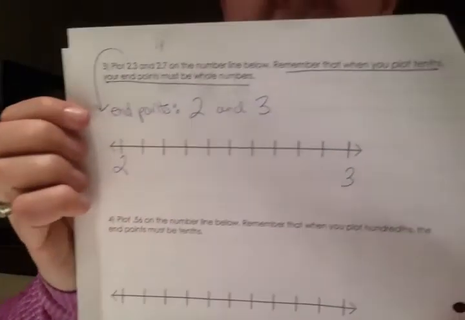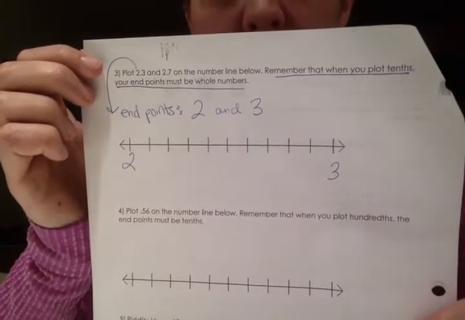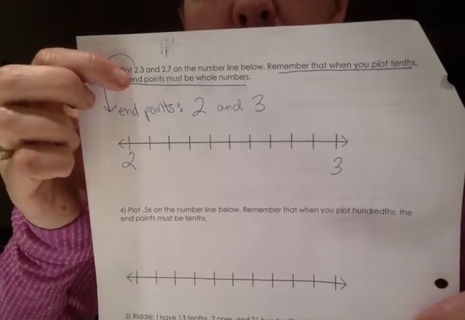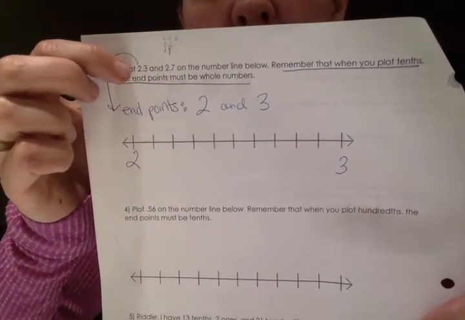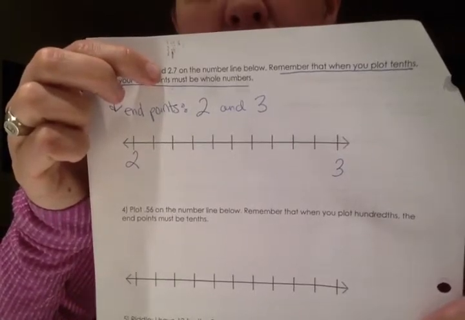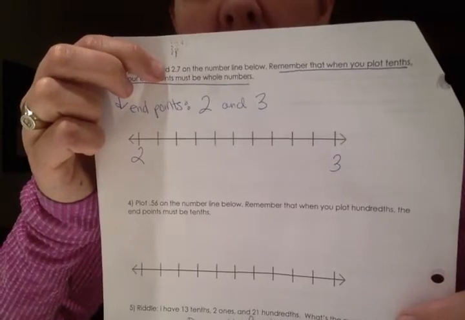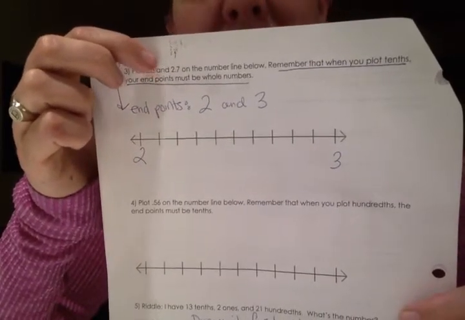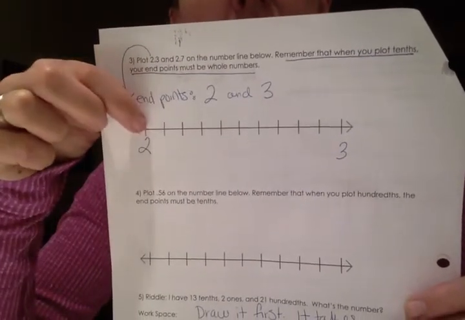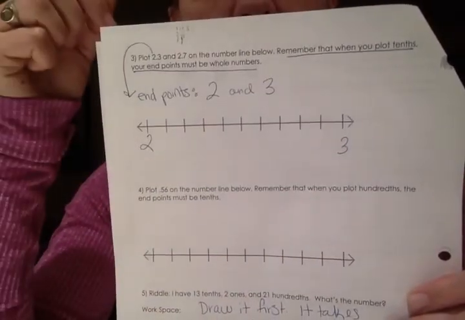Question number 3 asks you to plot numbers on a number line. So these numbers, 2.3 and 2.7, or 2 3/10 and 2 7/10. So you're plotting tenths. And remember that when you plot tenths, it needs to fall between 2 whole numbers. So that means the ends of your number line are going to be whole numbers.